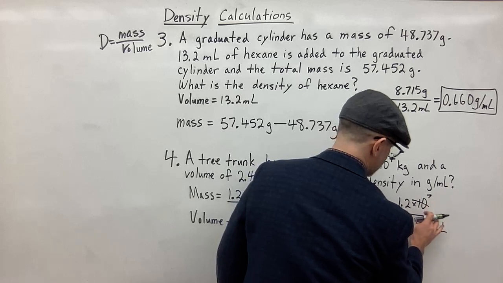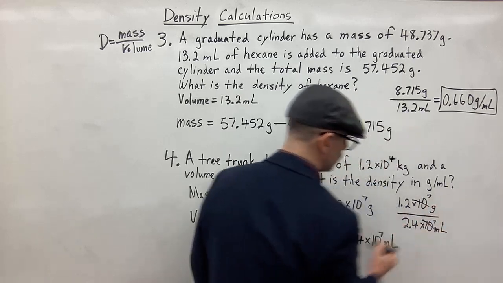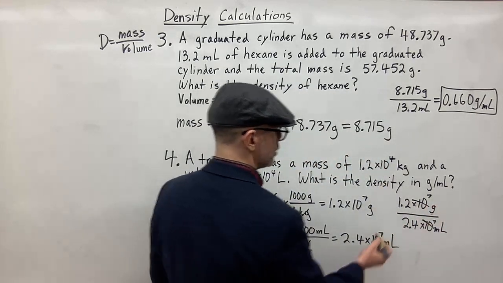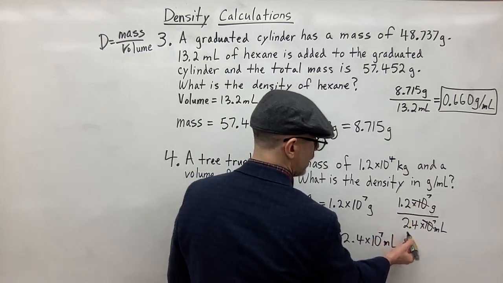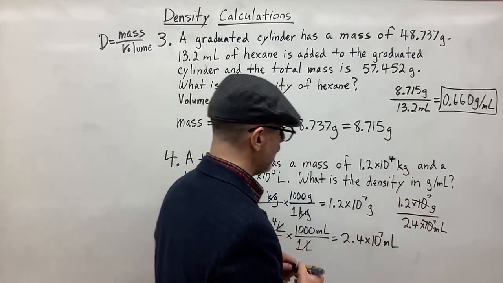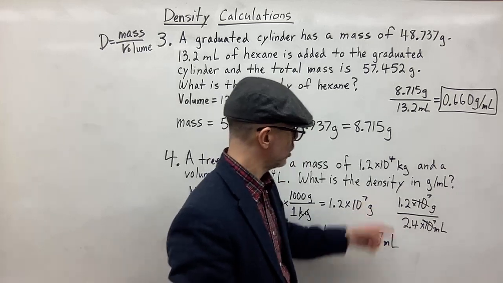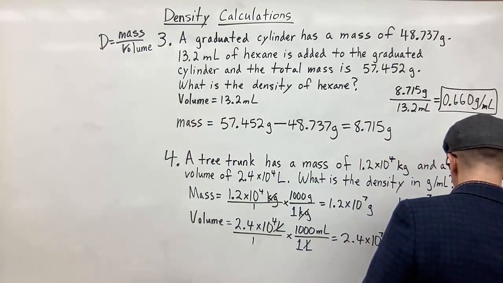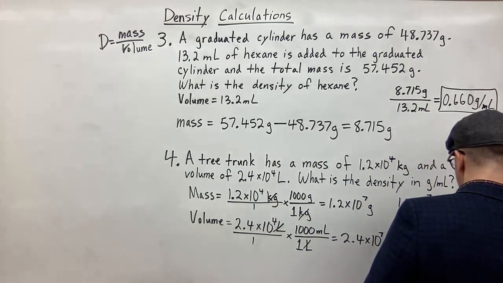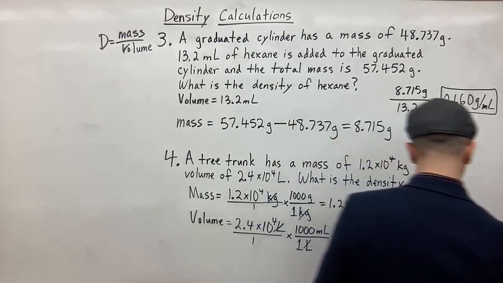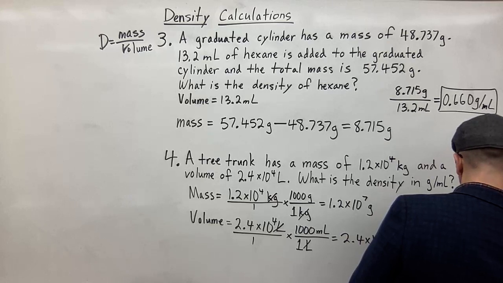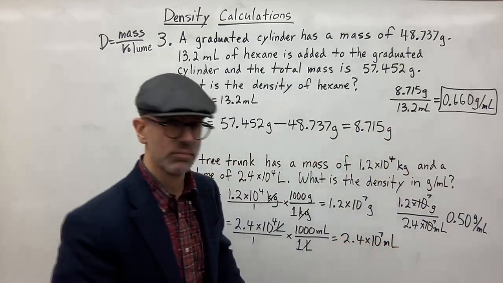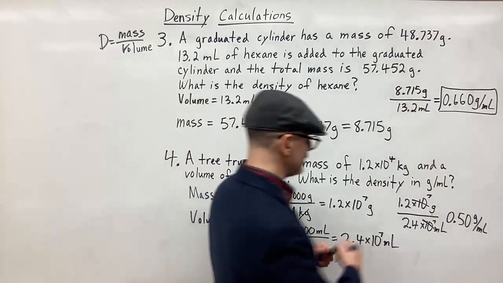The grams are not going to cancel out, but 10 to the 7 will. And so it becomes 1.2 divided by 2.4. And that you could see is 1/2, 0.50 grams per milliliter. And so that is the answer.